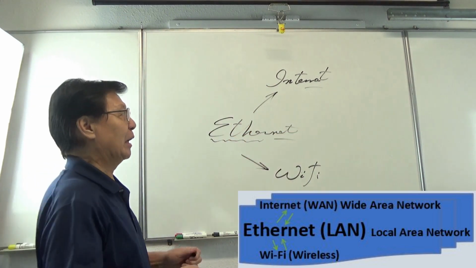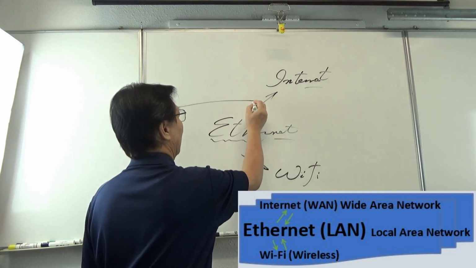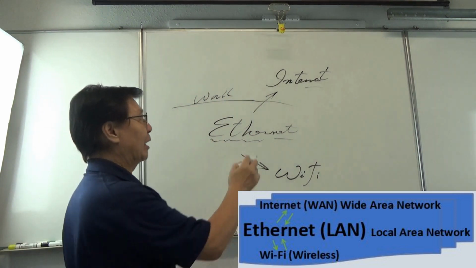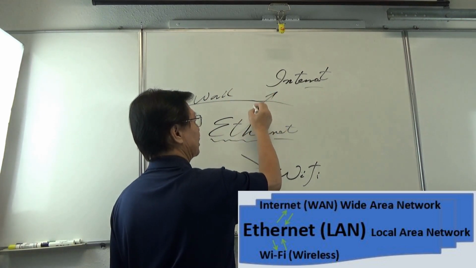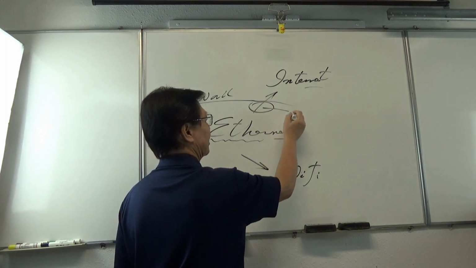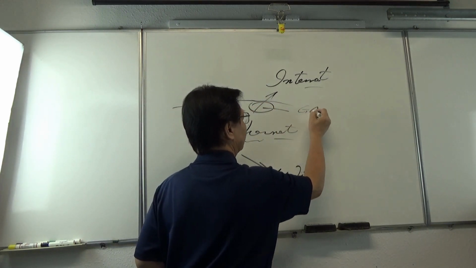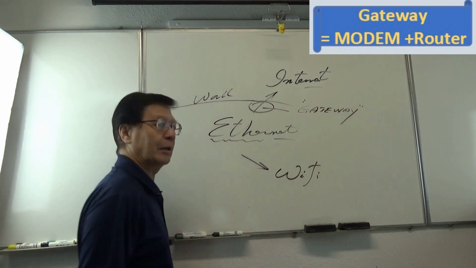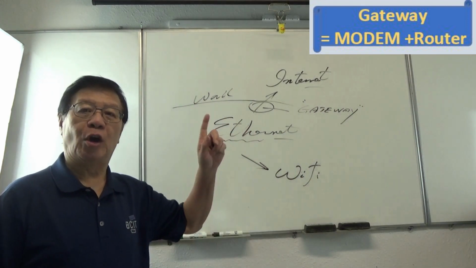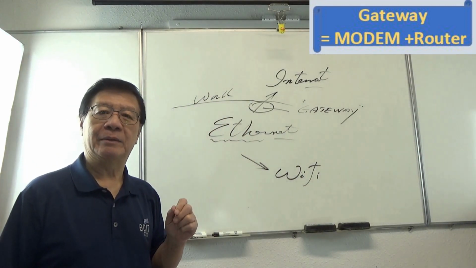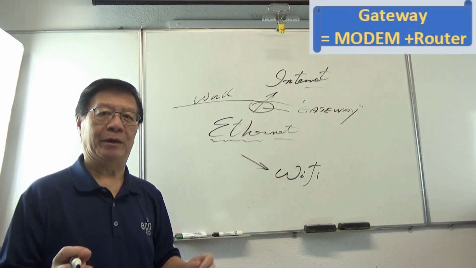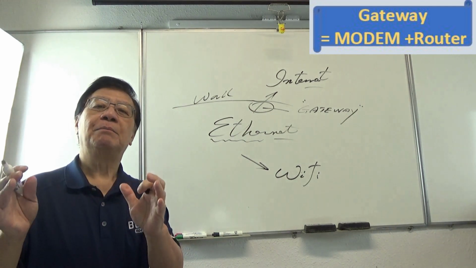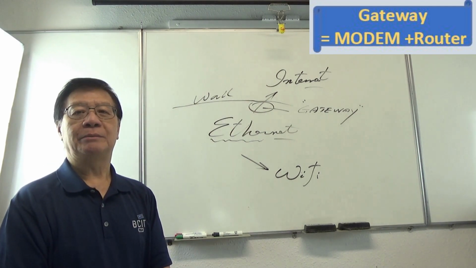Okay, so say there's a house and it has a wall, and the internet service provider gives you a box. That's the so-called gateway now. Actually, gateway is not the name at the beginning. Now they use gateway to name an item combining modem and router.